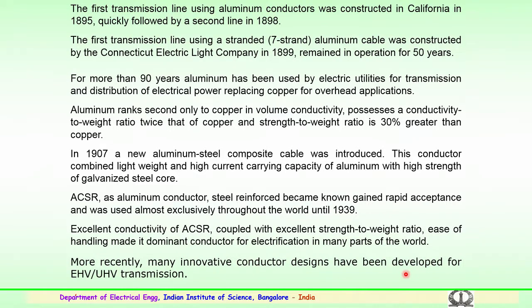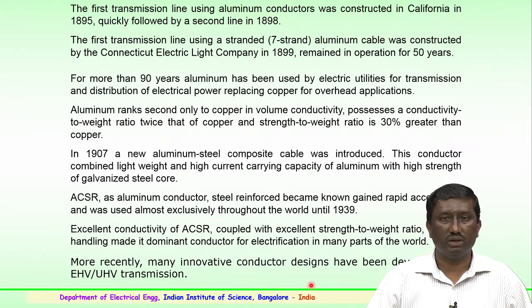However, more recently many innovative conductor designs have also been developed, particularly for extra high voltage and ultra high voltage transmission. We will be focusing on these aspects: the changes in design, the changes in material, the various types of strands being used, and the dimensions of the conductors used for EHV and UHV transmission systems.